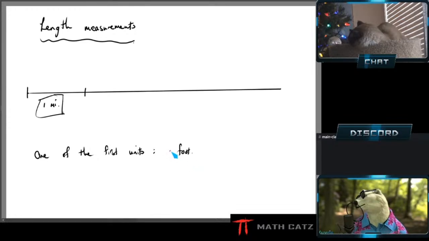But of course, soon they would realize that with the next generation, the next king has a different size foot. And now what I used to say a generation ago doesn't carry the exact same meaning anymore. So they soon had to standardize the meaning of this 1 foot unit. But regardless, this was one of the first, I suppose.